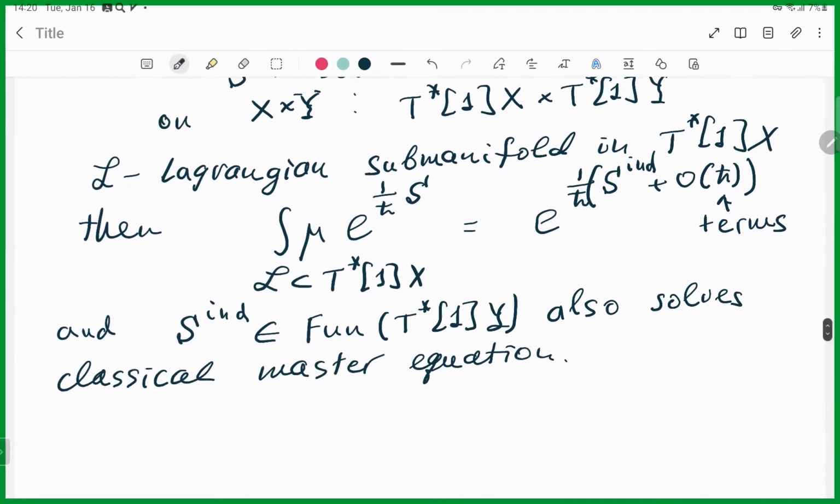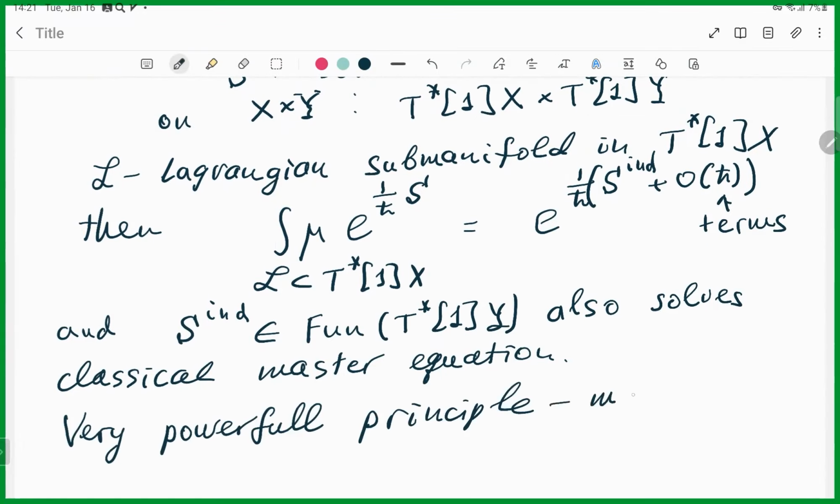So it is a very powerful principle, and we will see many examples of it.